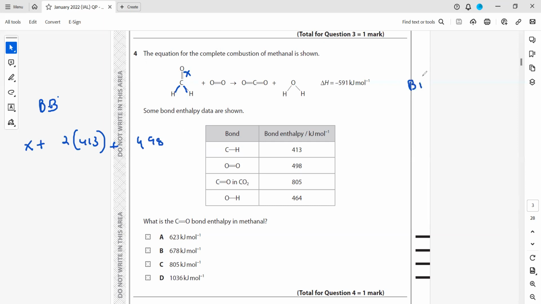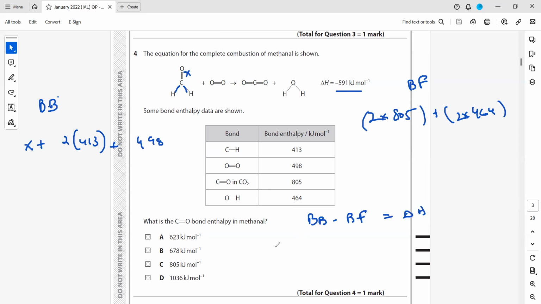The bond forming energy, C=O is 805, but 805 multiplied by 2, plus O-H is 464, so 464 multiplied by 2. And the enthalpy change for this reaction is minus. So bond breaking energy minus the bond forming energy is equal to enthalpy change.